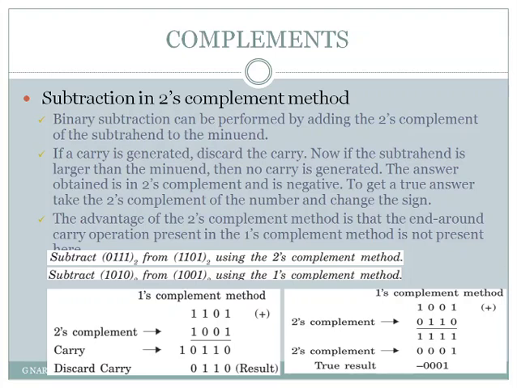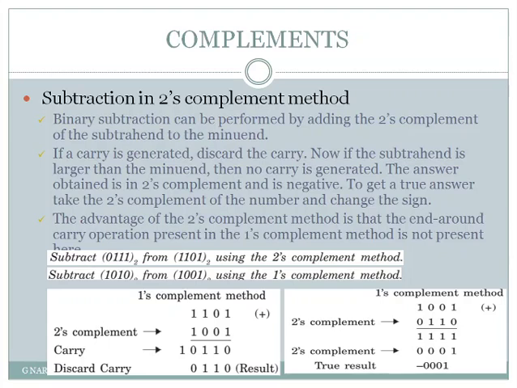So the first one is subtract 0, 1, 1, 1 from 1, 1, 0, 1 using two's complement method. So what do you have to do?